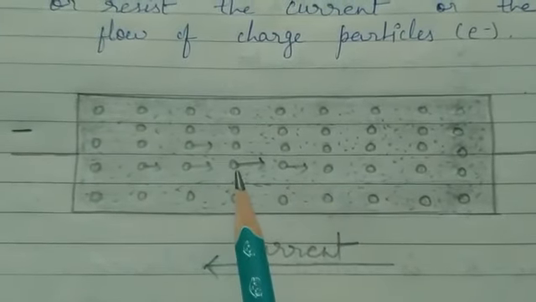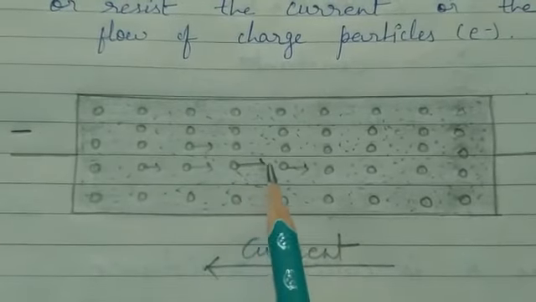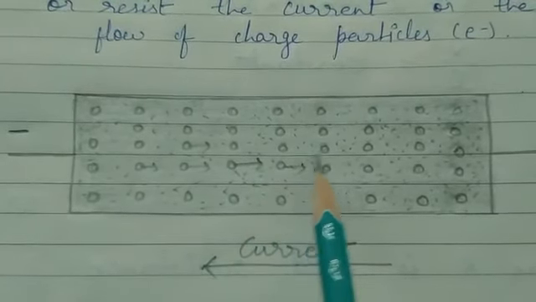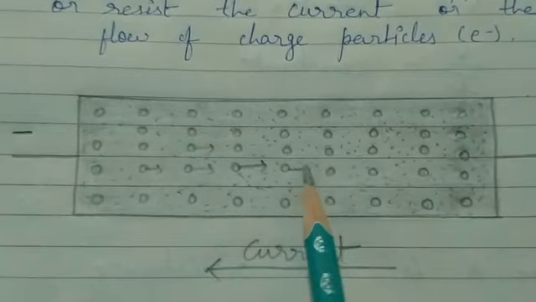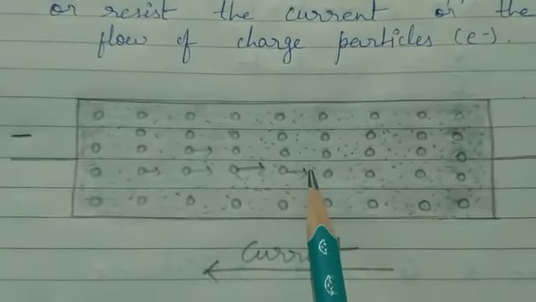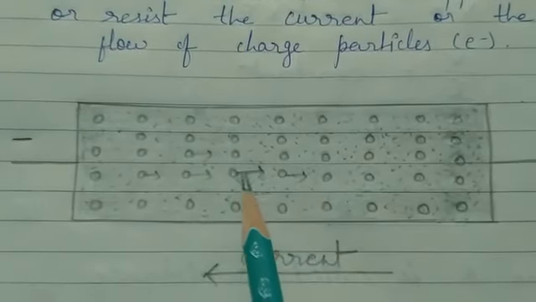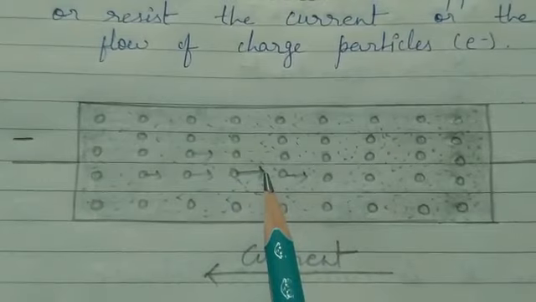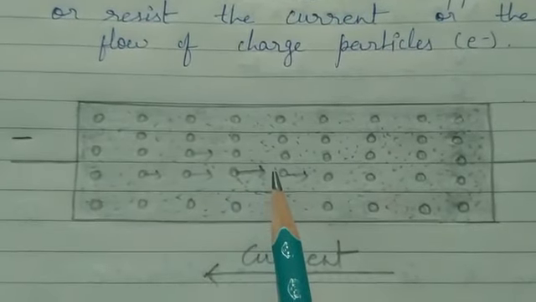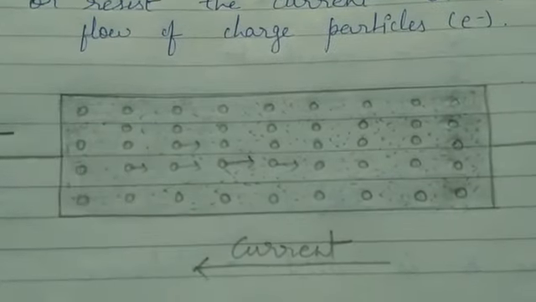When electrons are moving they have kinetic energy, but when they collide with these particles, because of the collision they lose their energy, and that's why their speed decreases.